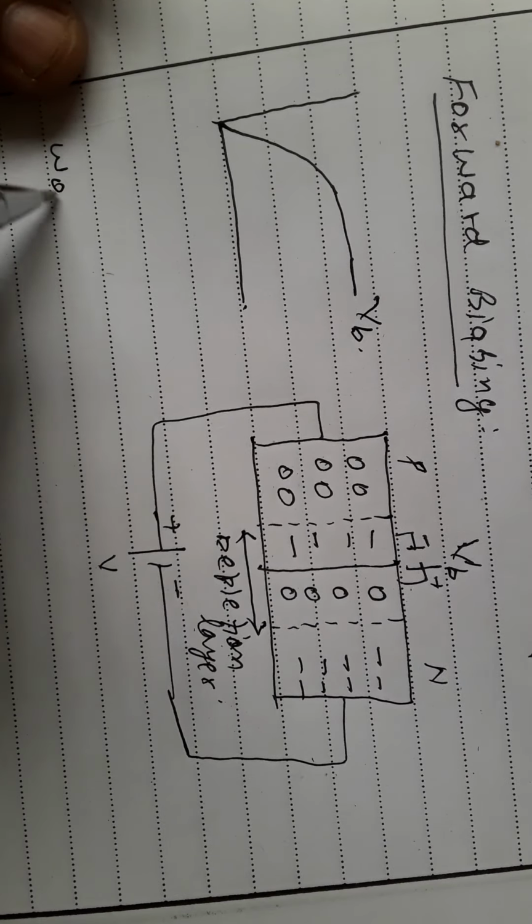So we can say the thickness of the depletion layer decreases. So in forward biasing, the depletion layer decreases.